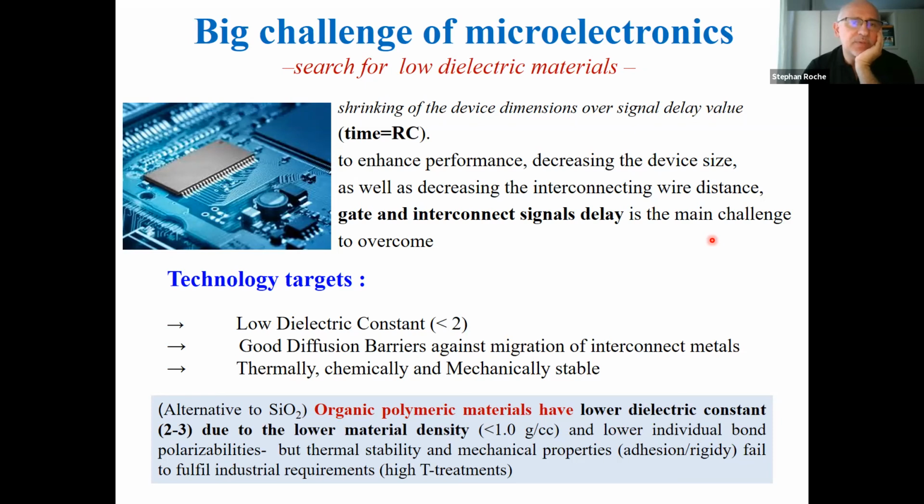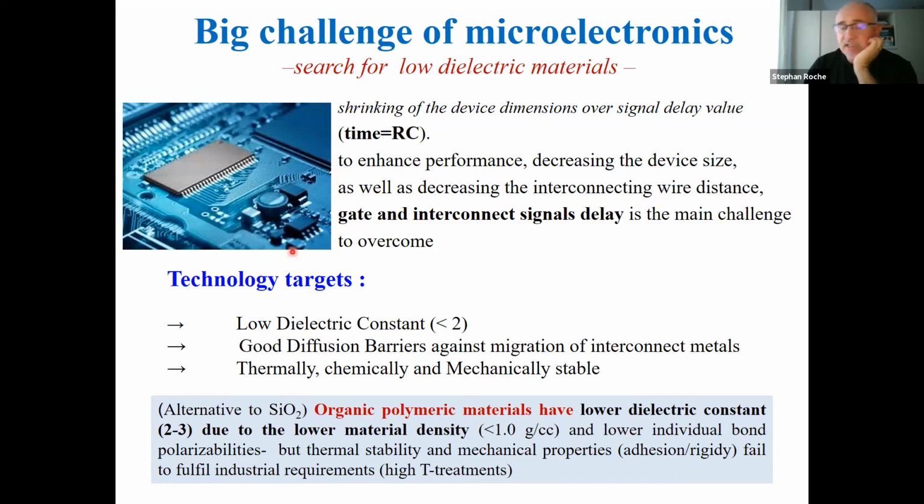For a long time, industries have been interested in finding very low dielectric materials in the context of interconnects, because they want to really reduce the problem of gate and interconnect signal delays, which is related to the resistance and the capacitance effect.